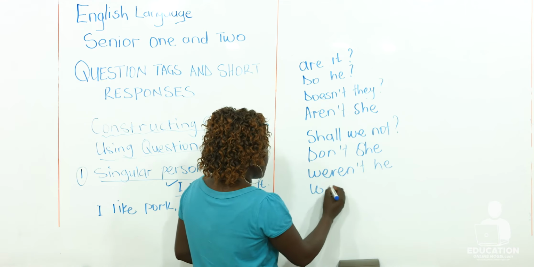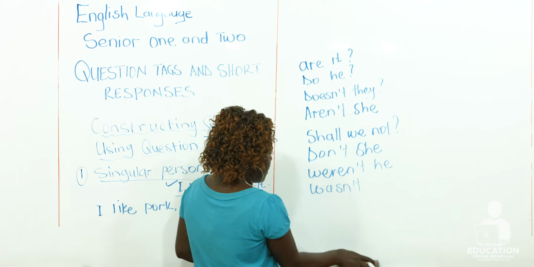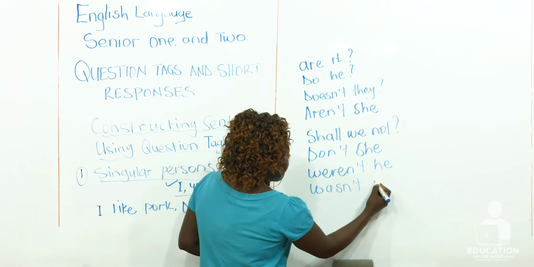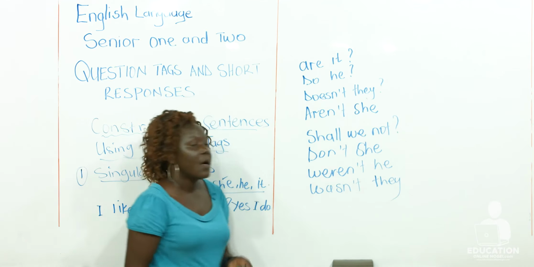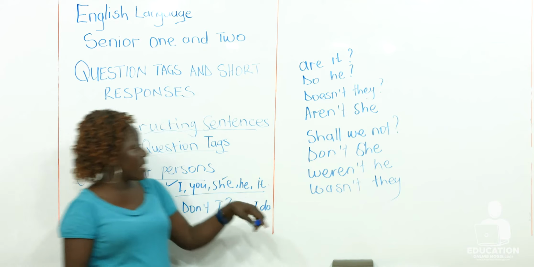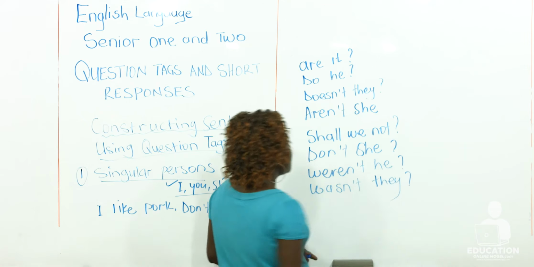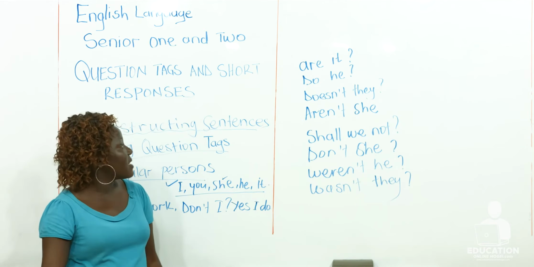Then they can say, wasn't they? So you can see. Now if you look at all these tags, they are not correctly written. Let us start with the first one and we see where the problem lies.